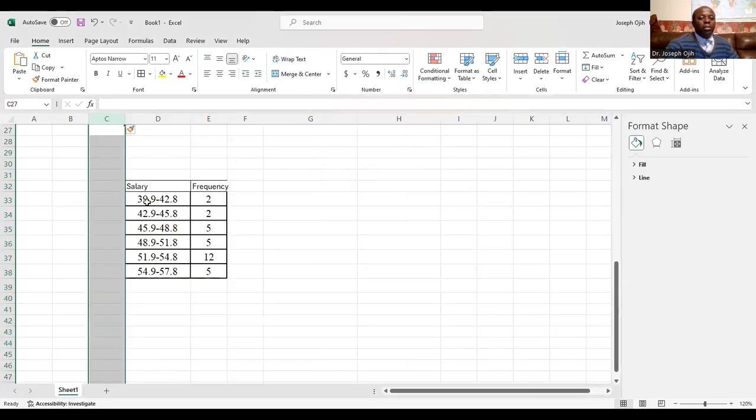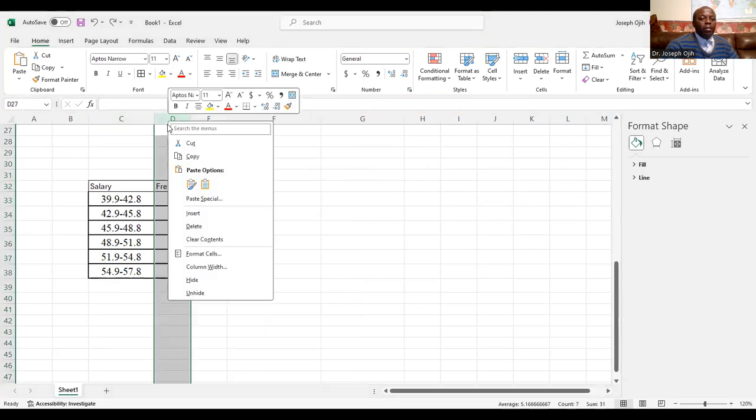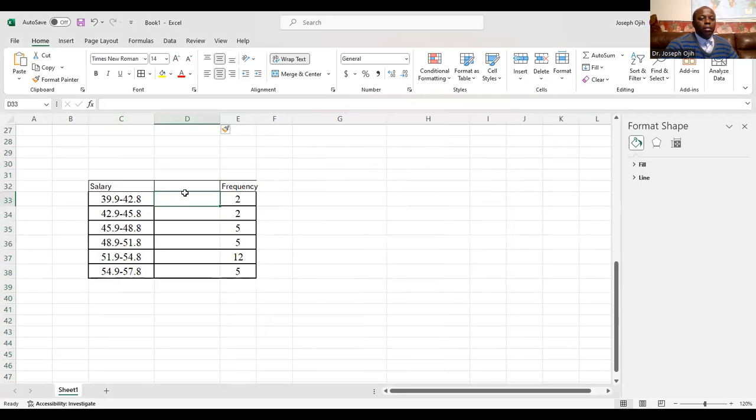Oh, I put it on the wrong side, so I'm going to undo it. I want to put it in between here, so I click here again, go to the top, right click, insert. See, the column is there now. I'm going to call it the midpoint.